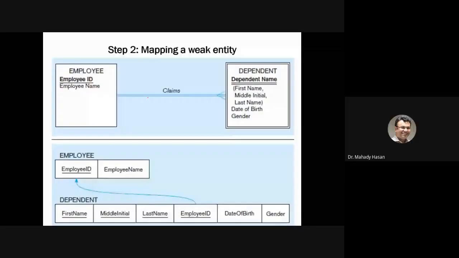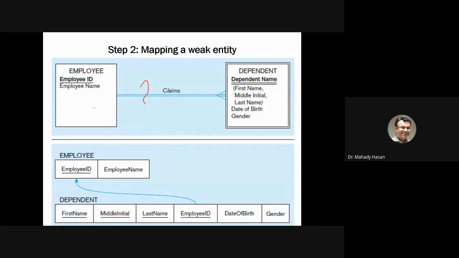Sir, how can we know that? Because of this relationship. This relationship is also weak in type. That means this dependent is dependent on employee. To identify a dependent, I need to know which employee's dependent we are talking about.